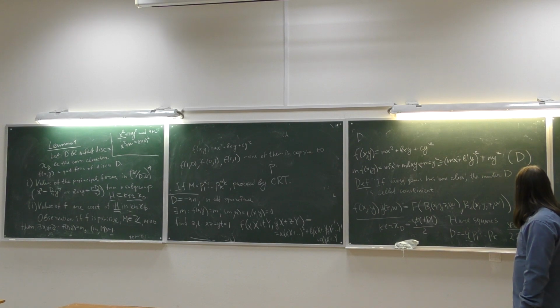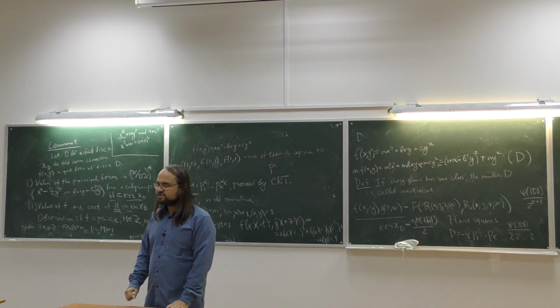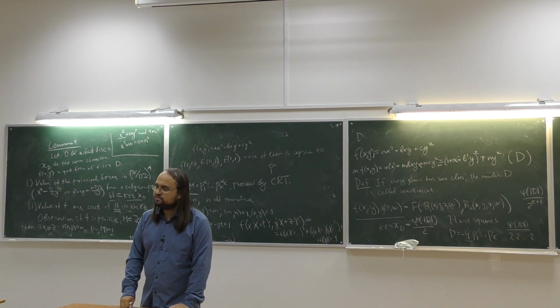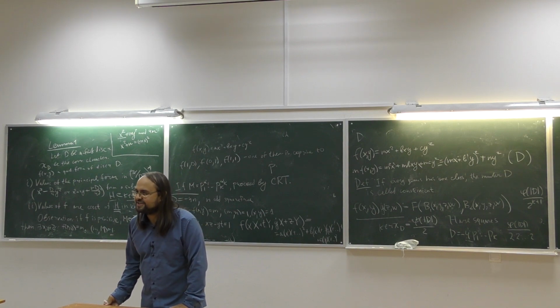So you get phi of the absolute value of D divided by 2 to the k plus 1. So the number of genera is actually equal to 2 to the power of the number of odd prime divisors of your D. Okay? And this is much, much smaller than the square root of D.